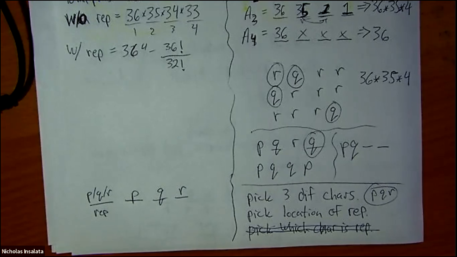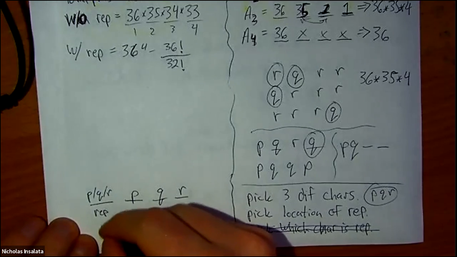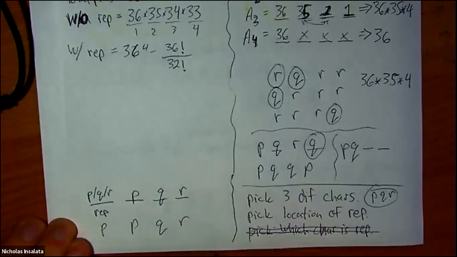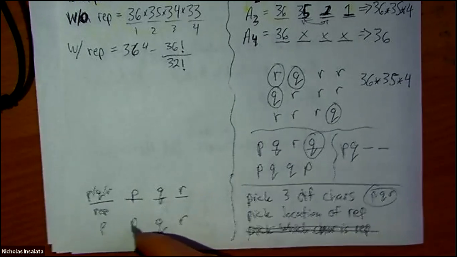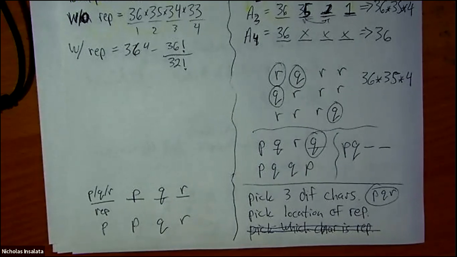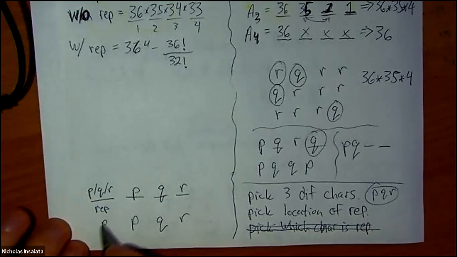So let's see. Can we build anything we want? Let's see if we can build this PPQR situation. Can we build that? We pick three different characters, P, Q, and R. And then we pick the location of the repetition, which I guess would be, let's say the repetition is going in this first slot again.